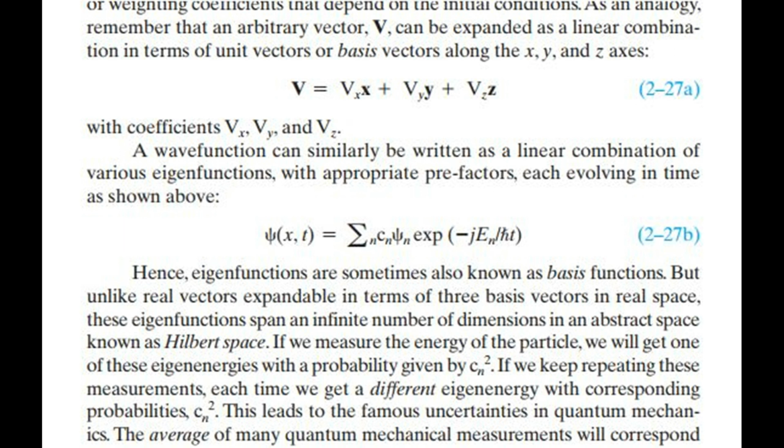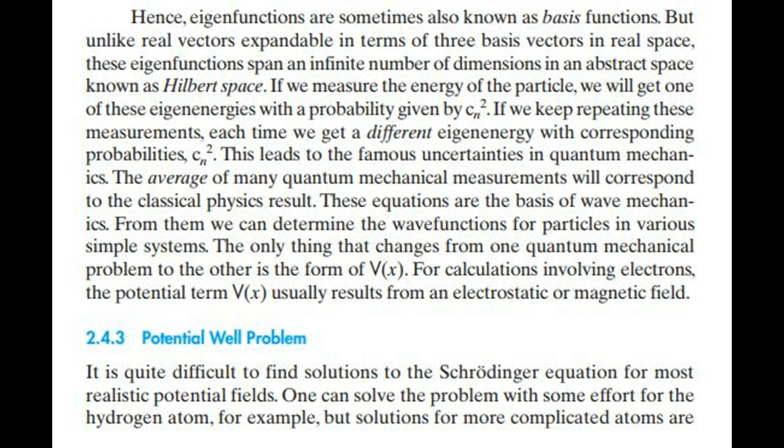If we measure the energy of the particle, we will get one of these eigenenergies with a probability given by |Cn|². If we keep repeating these measurements, each time we get a different eigenenergy with corresponding probabilities, |Cn|². This leads to the famous uncertainties in quantum mechanics. The average of many quantum mechanical measurements will correspond to the classical physics result.